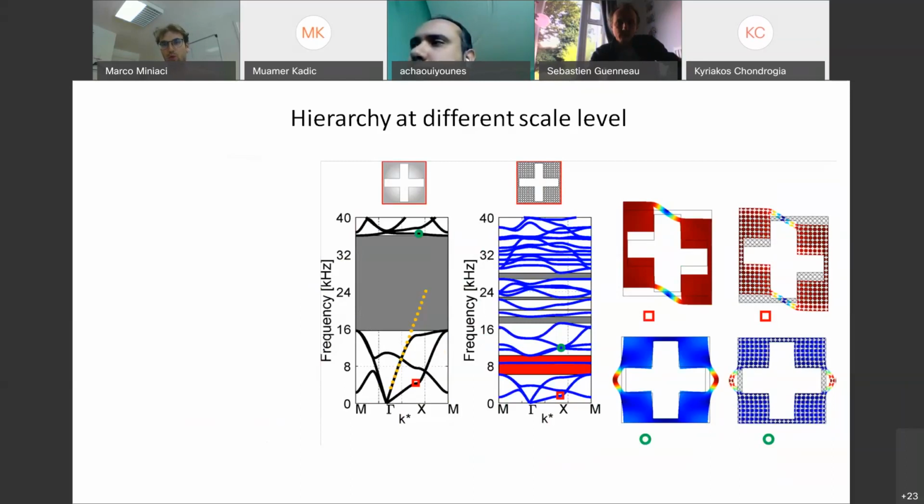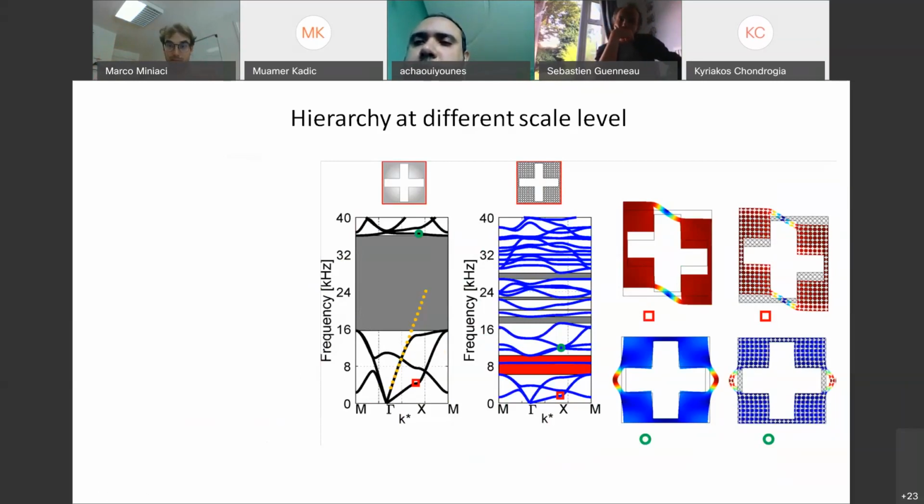But what we are trying to do is to homogenize the behavior of the small cross and to add it recursively in the next dispersion diagram, so that you do not have to discretize the whole structure, especially because you will be at lowest frequency.